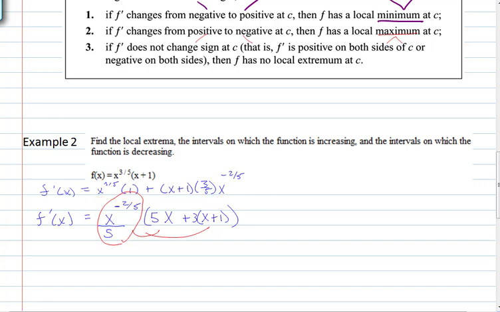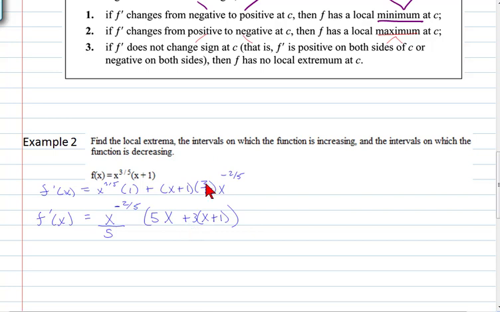I'm going to take all these marks off because it gets confusing. But try distributing, and you see that we end up with x to the 3/5, because that's x to the first times x to the negative 2/5 is x to the 3/5. And dividing by 5, multiplying by 5 cancel each other out.